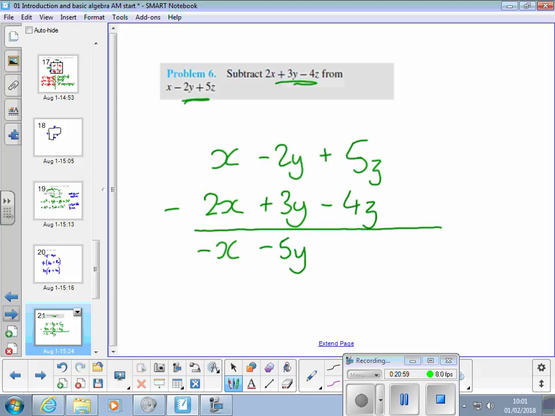Plus 5 minus minus 4. Nine plus 9z. What you should remember is this sign is applicable to that number when you're thinking about what you're going to do.